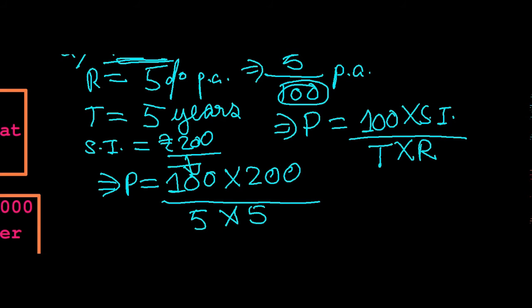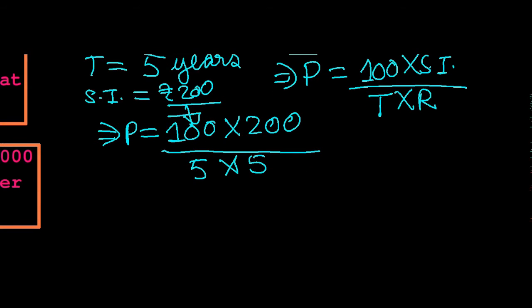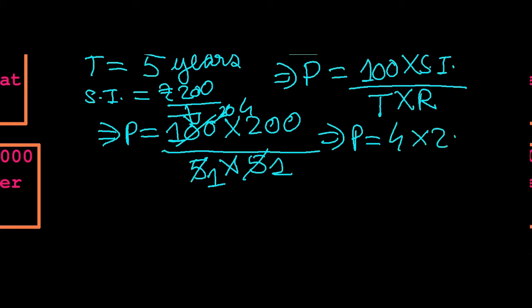So let's calculate. 5 ones are 5, 5 twenties are 100, 5 fours are 20. So now we are left with principal is equal to 4 into 200, which is principal is equal to rupees 800. Friends, this is the answer.